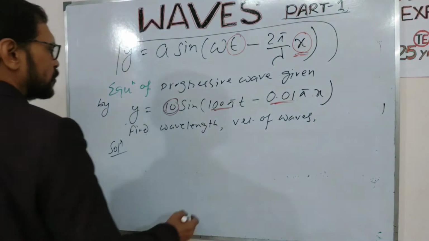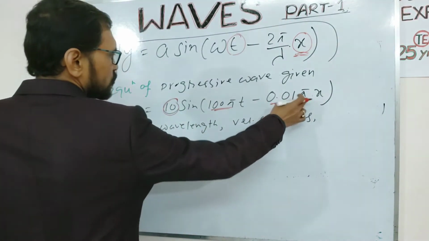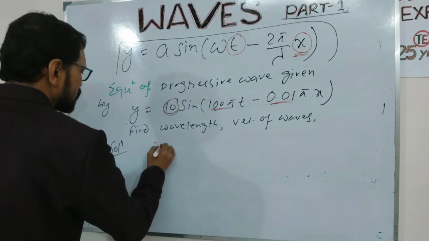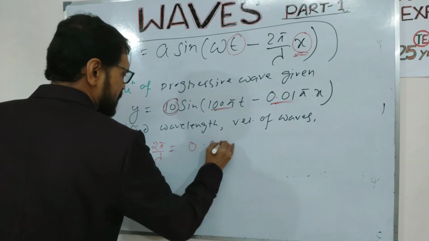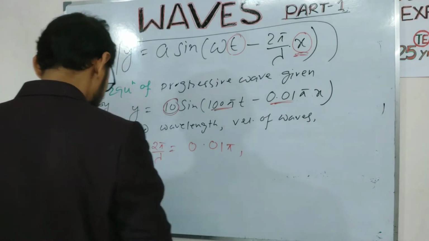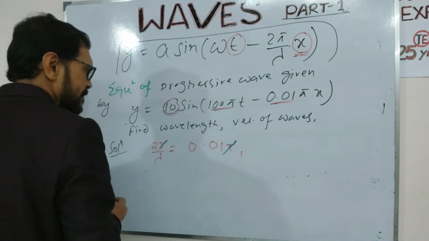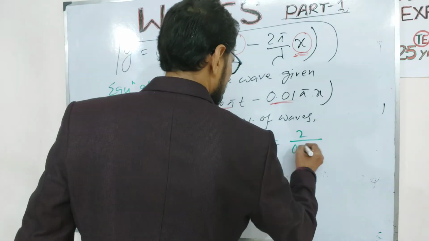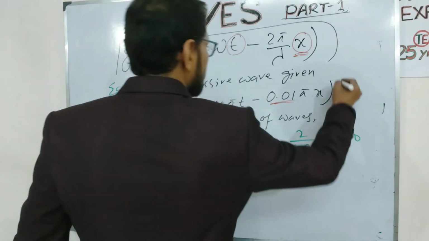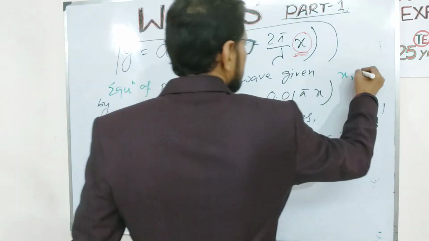To find the wavelength, we have to equate the coefficient of x. Coefficient of x is 2 pi by lambda, so equating, we cancel pi and lambda equals 2 by 200. Here x is in meters, it is given.